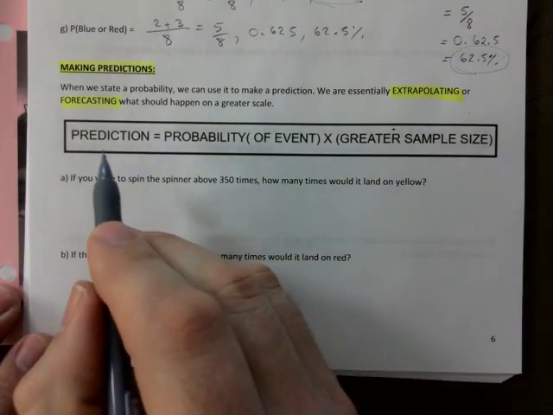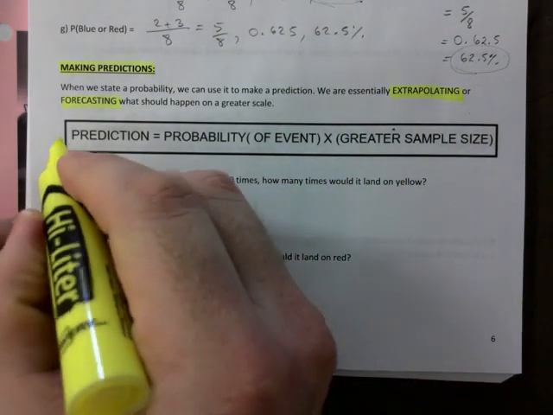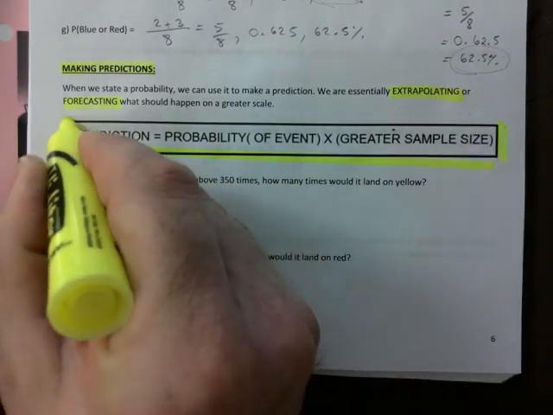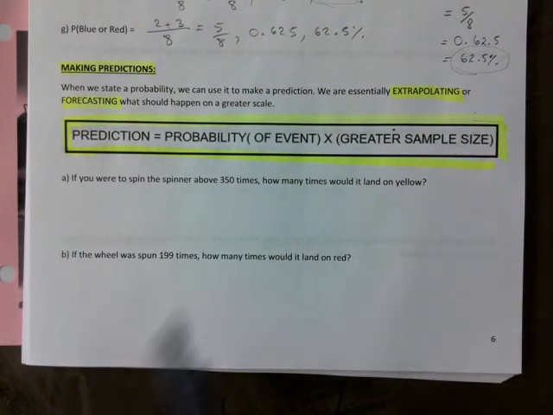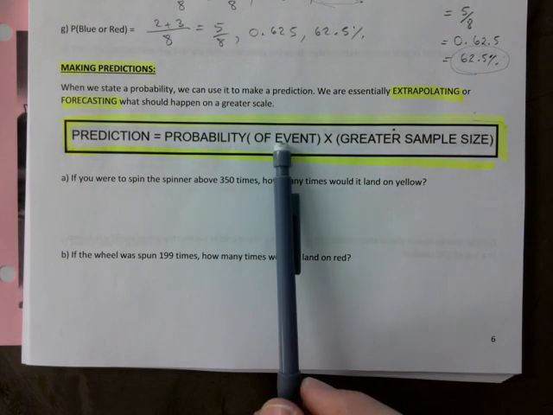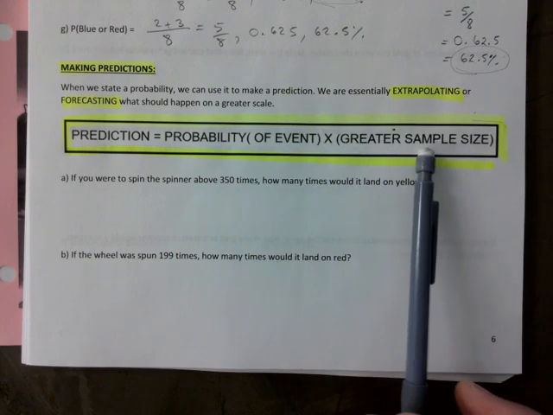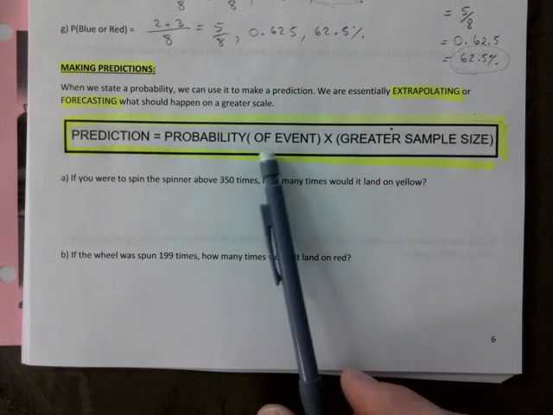And plan accordingly. This needs to be on your formula sheet. This is how you make a prediction using probability. You take the probability of that event and you multiply it by the greater sample size. That's how they do polls.